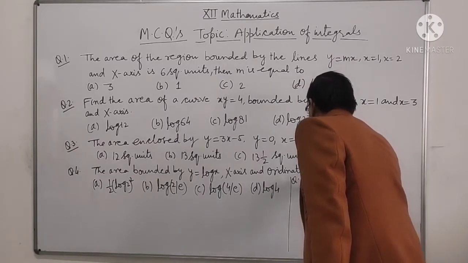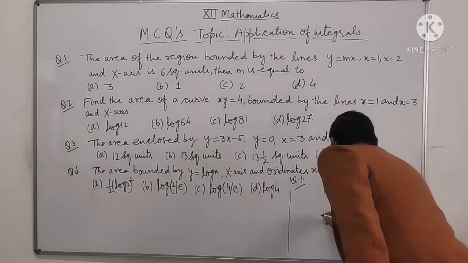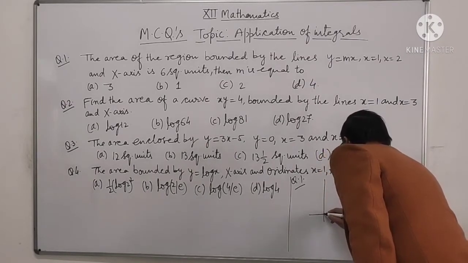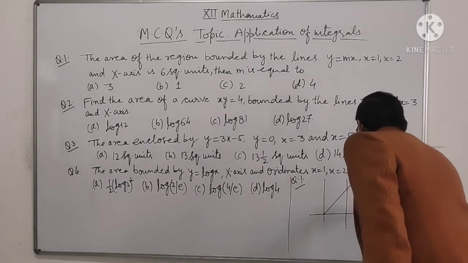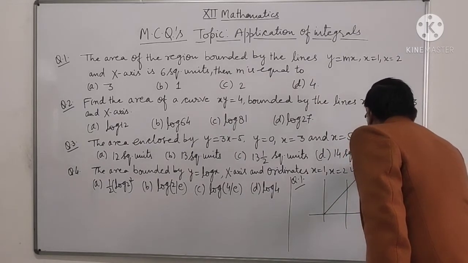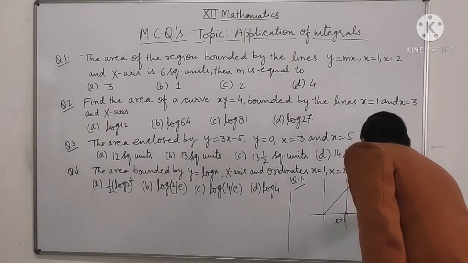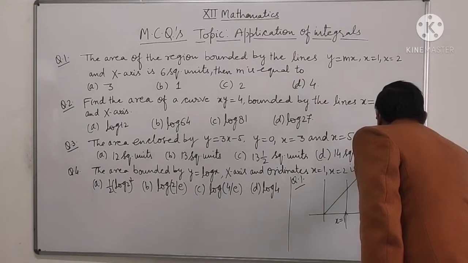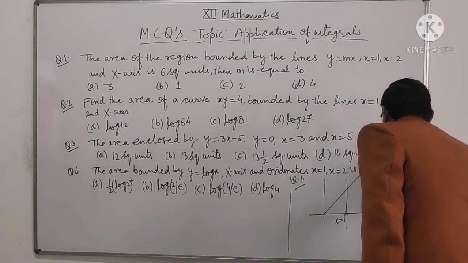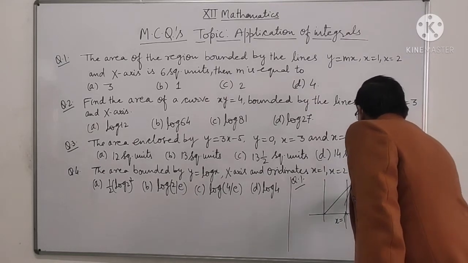Question 1. y equal to mx is a line passing through origin. Then x equal to 1 and x equal to 2 is the limit. Then required area is this part.